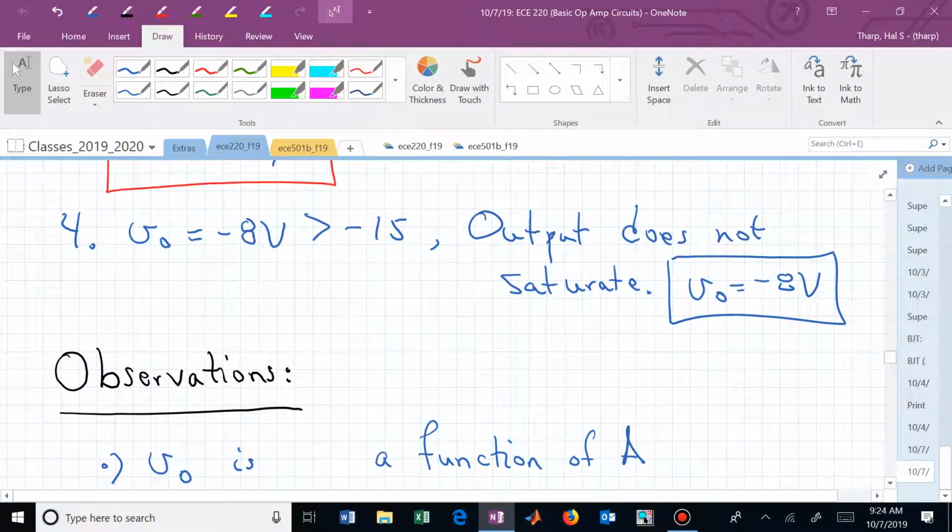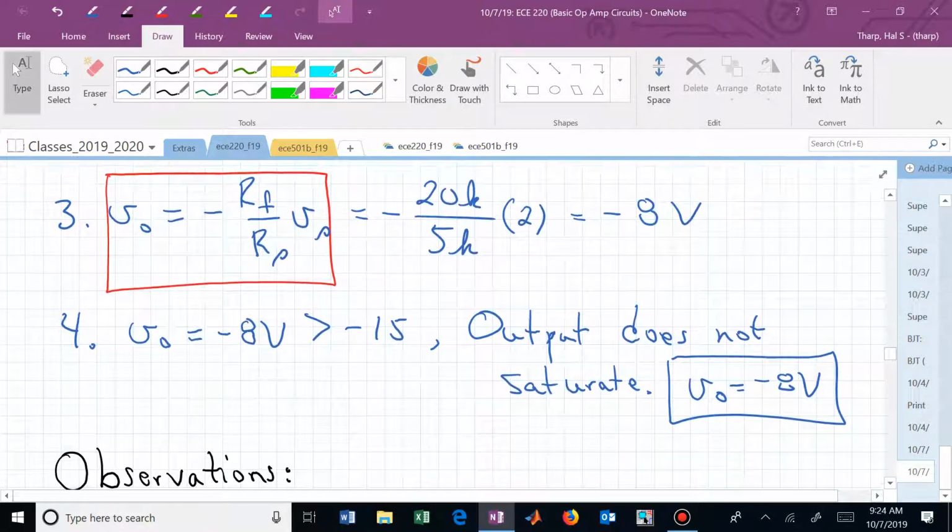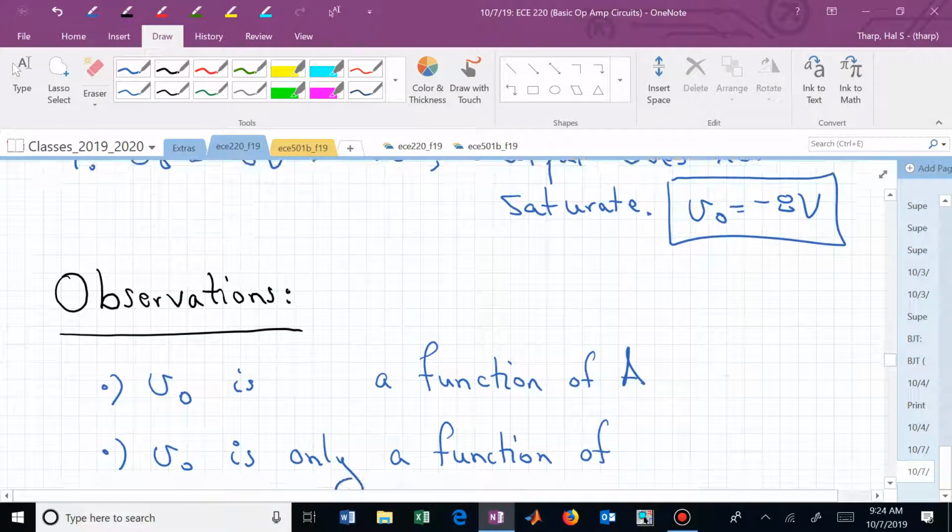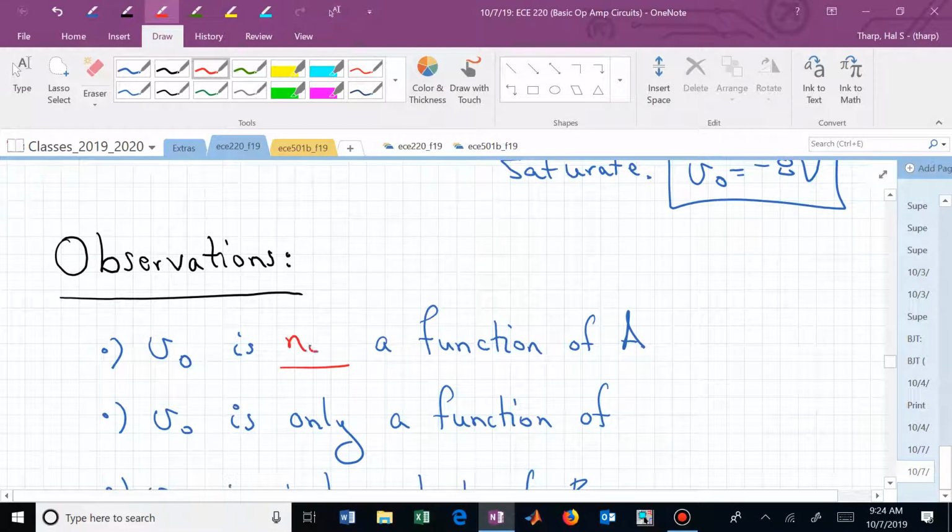Is A in there? Is V sub 0 a function of A? Or do I need to put another word in there? Do you see A anywhere? The gain, the open loop gain? No. We were able to get rid of that, so V sub 0 is not a function of A. That's a good thing.